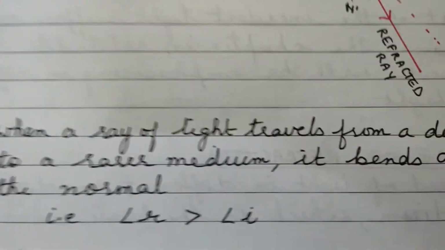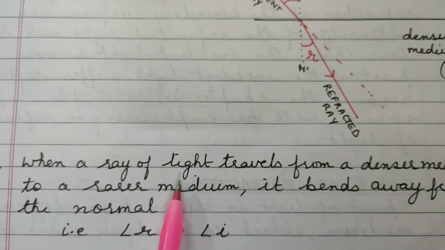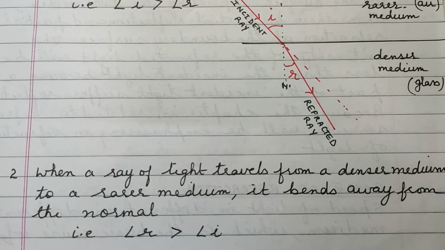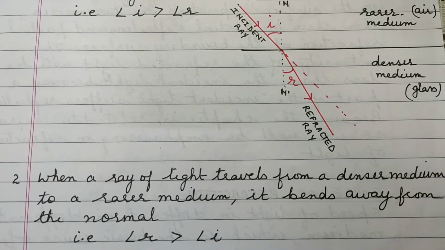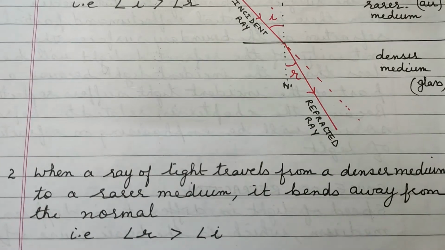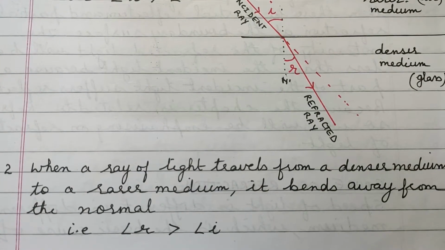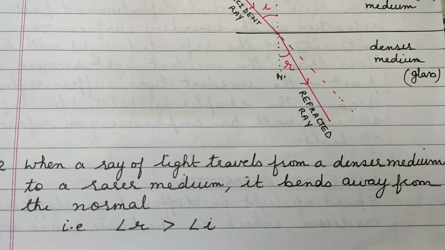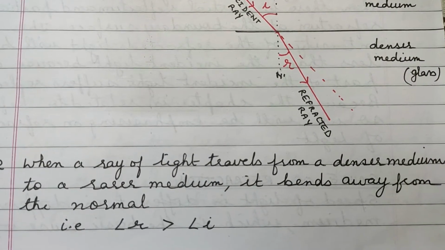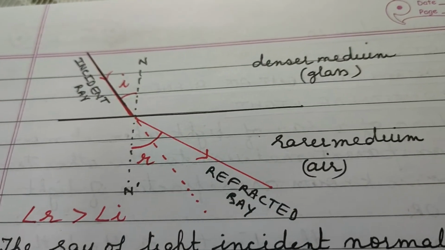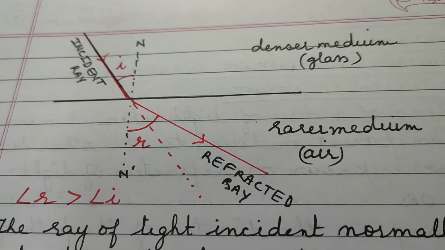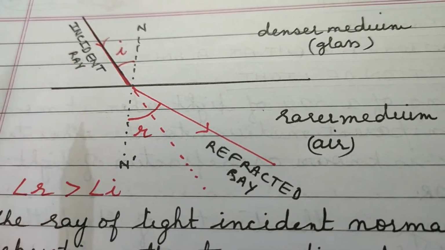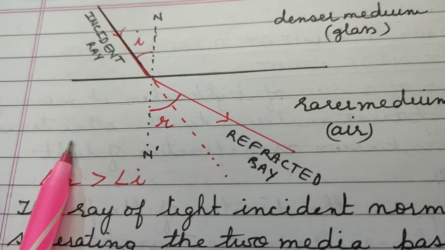The second point: if a ray of light travels from a denser medium to a rarer medium, it bends away from the normal. That means the angle of refraction will be greater than the angle of incidence. This we can explain with the help of a diagram. This is the glass medium, which is a denser medium, and this is the air medium, which is a rarer medium.